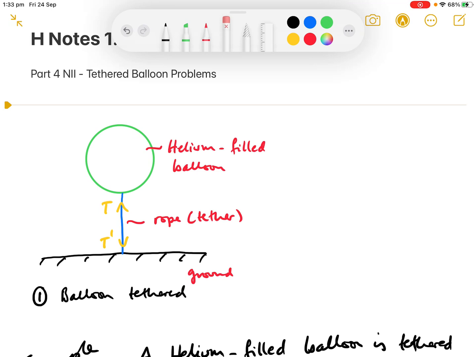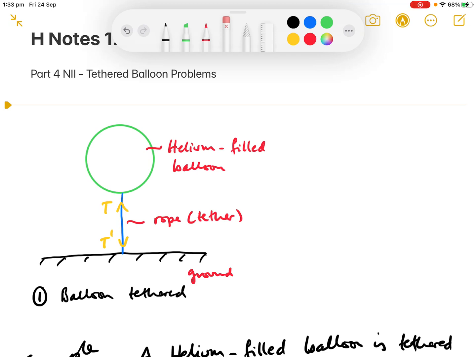So that situation diagram, which I'm calling diagram number 1, is the balloon tethered to the ground. Now the balloon, remember, is less dense than the air with the helium inside it. So the balloon's trying to go upwards, and therefore it's putting the rope under tension. So if you were the ground, you would feel a tension force pulling you upwards called T, as shown in the diagram.